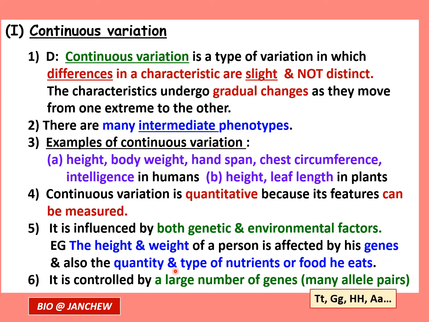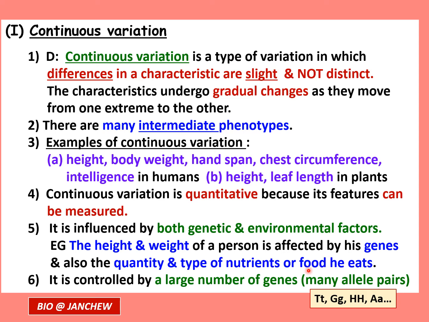But it's also determined by the quantity and type of nutrients in the food that he eats. So take the example of a pair of identical twins. They are genetically identical. They have the same genes, which they inherit from their parents. So one twin may be taller than the other because of the type of food that the first twin eats.